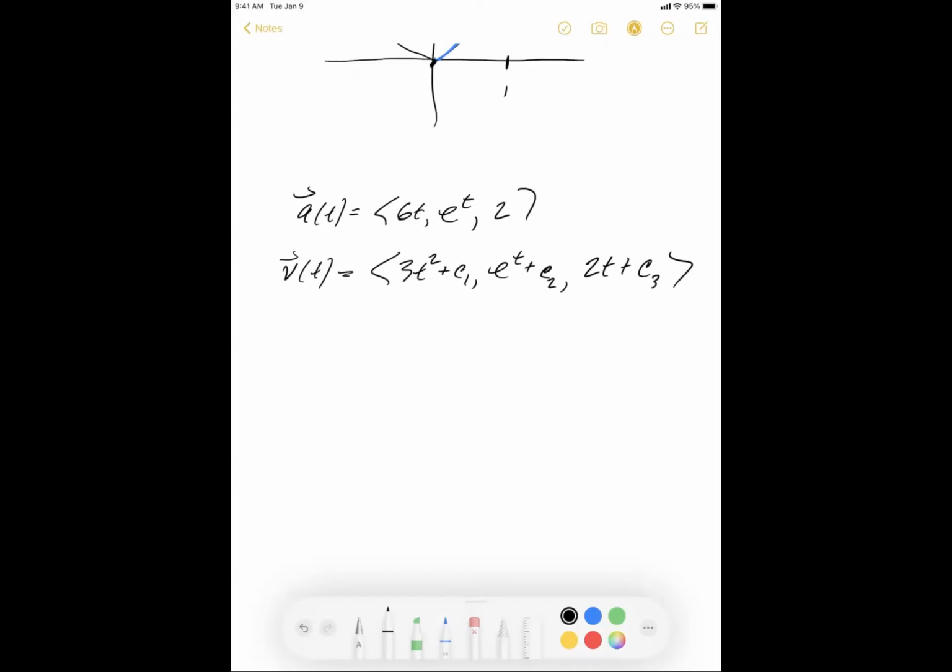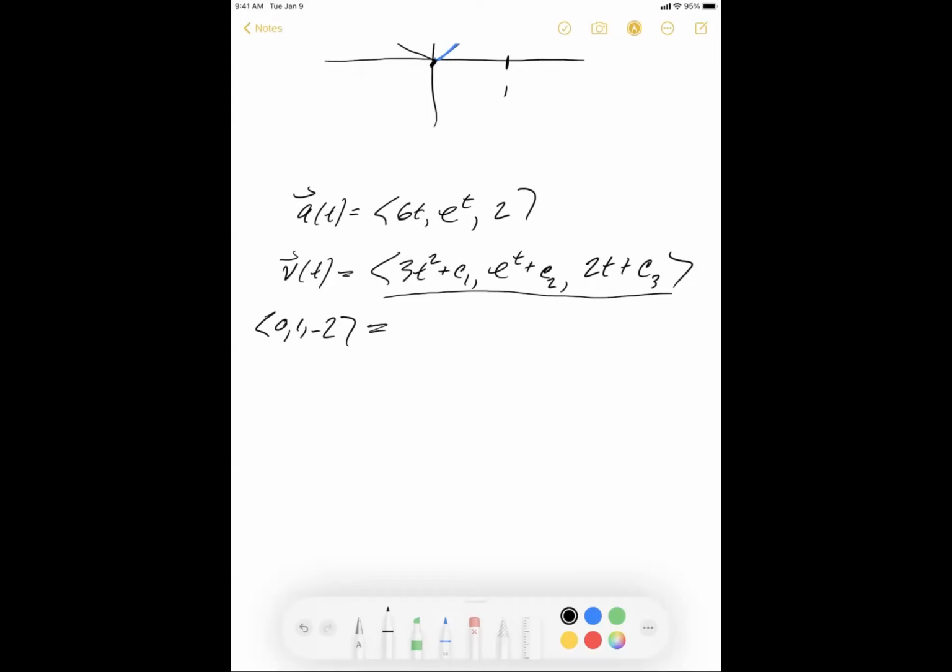And now we know that v of 0 is equal to 0, 1, minus 2. So if I plug 0 in up here, that's going to allow me to figure out what c1, c2, and c3 are.